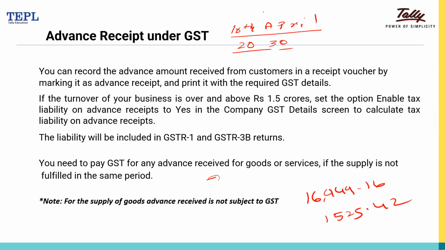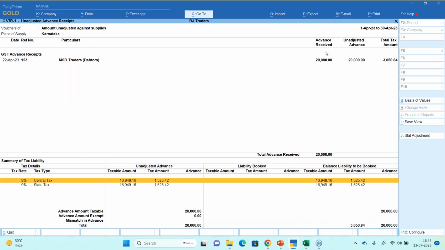But if you received the advance on 10th April and record the transactions on 1st of May or a later date, you need to record all these adjustment transactions, because for the month of April you need to pay this 1525.42 to the government. So you need to increase your tax liability and pay this tax to the government.